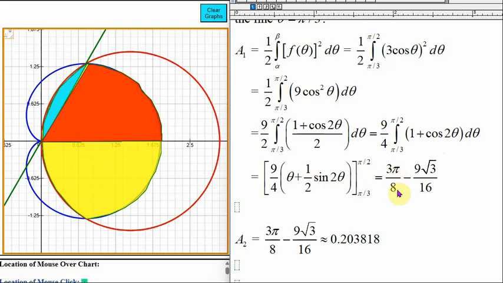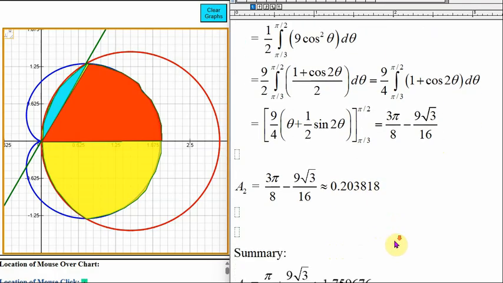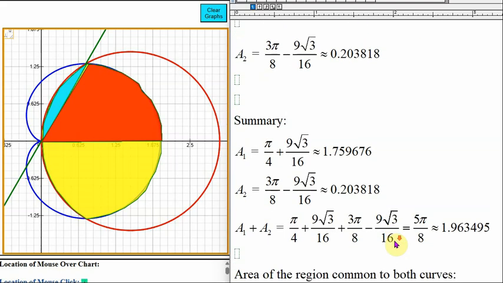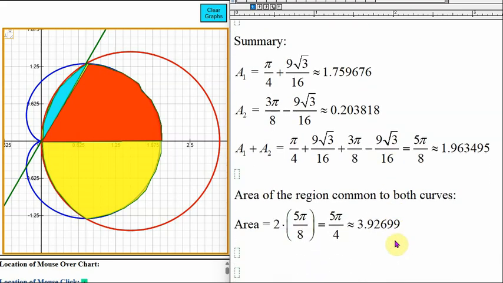We get 3 pi over 8 minus 9 times the square root of 3 over 16, which comes out to be about 0.203818. In summary, the area of this piece right here is 1.759676, and the area of this piece is 0.203818.